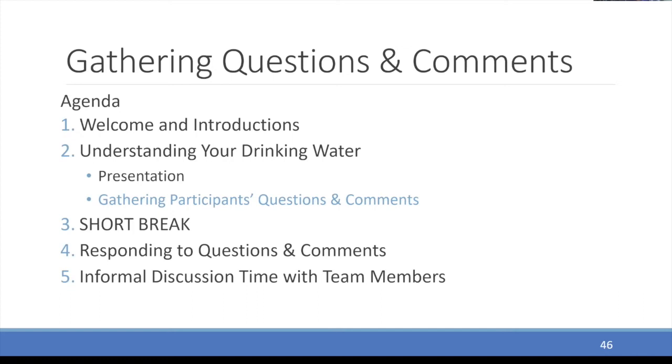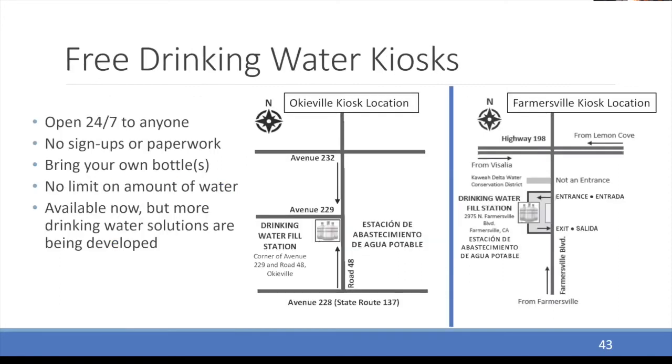So the filtration on the existing kiosks are reverse osmosis filters? Thank you, Blanca. On the kiosks that I described a minute ago, both are connected to water systems where drinking water already meets all federal and state standards. So no, there is not a reverse osmosis filter on the kiosks.